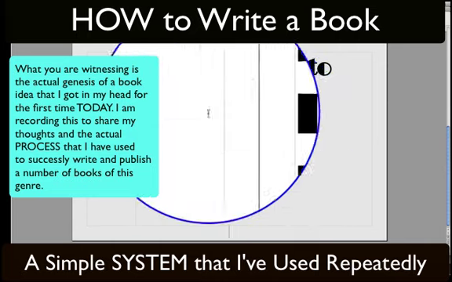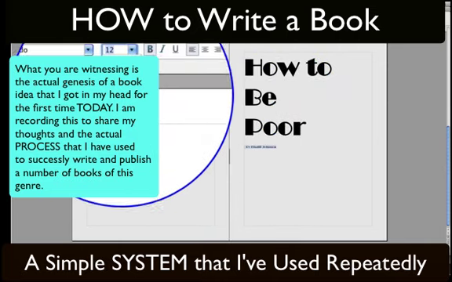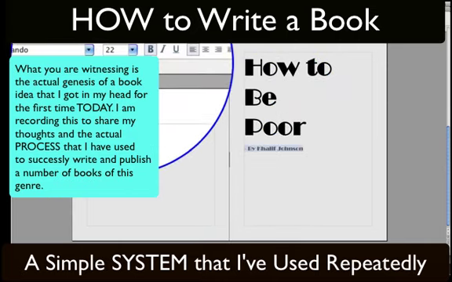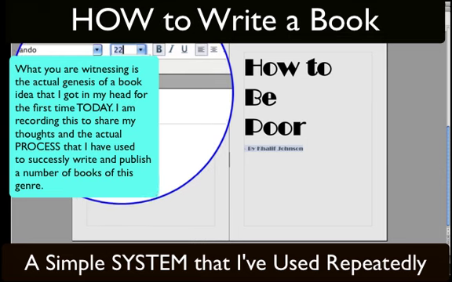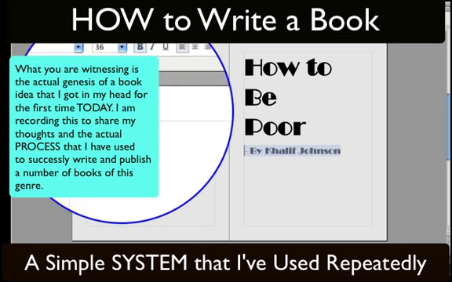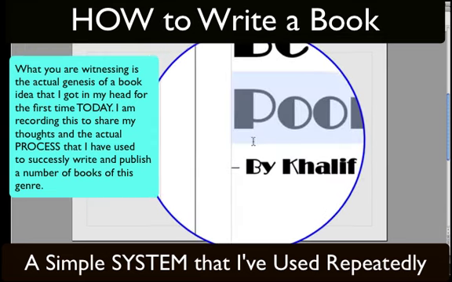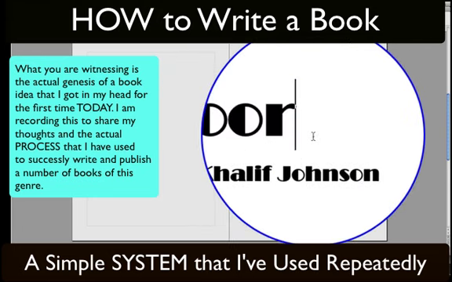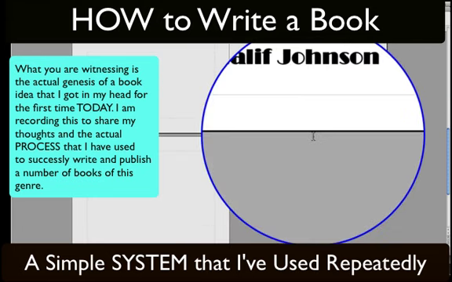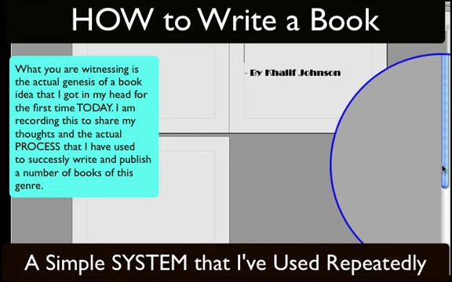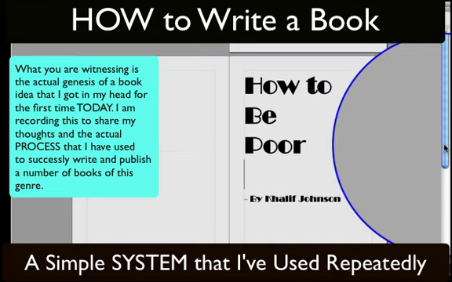Now, by doing something as simple as this, you can actually say that you have begun your project. You have started it. Even if that's all I did, I've got a title for the book.